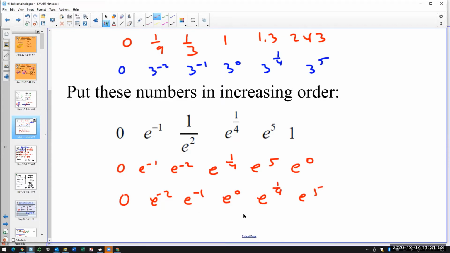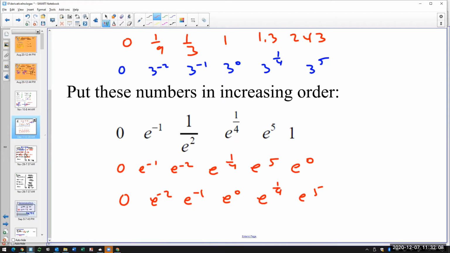Okay, did you guys get the same thing I got? It should look a lot like the bottom row of your 3s up here. Is everybody good with that? Okay, we're going to hold that thought and go back to it in a few minutes. But I wanted to make sure that we agree on how to put numbers in order.